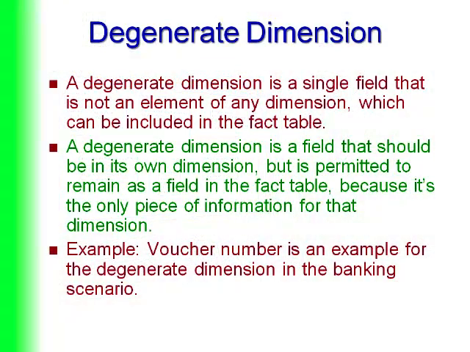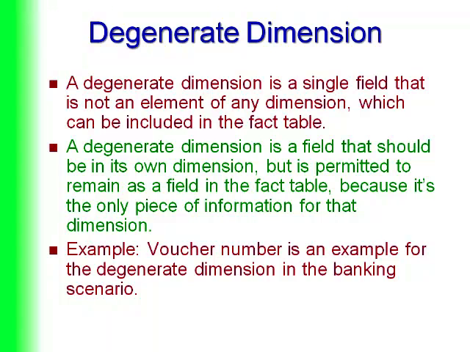The next type of dimension is the degenerate dimension. Sometimes a dimension may exist without any attributes, but it is useful for analysis. In that situation, we consider that dimension a degenerate dimension.